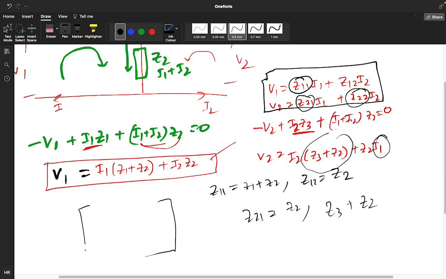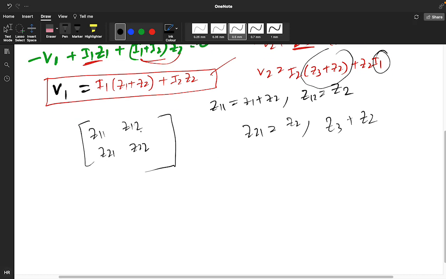Make the matrix Z11, Z12, Z21, Z22. What I told you, for reciprocity, these off-diagonal elements Z12 and Z21, if these two are equal, then the network is reciprocal.